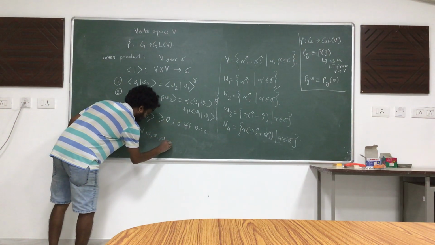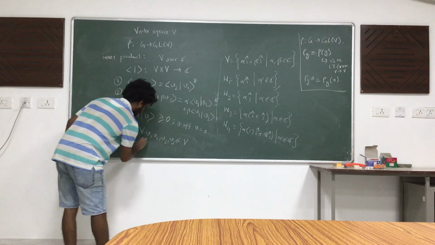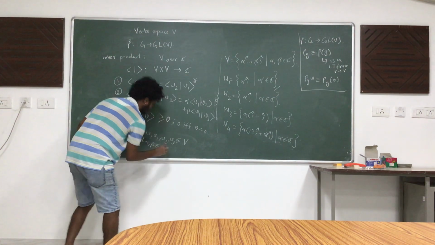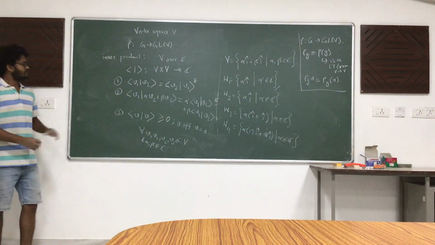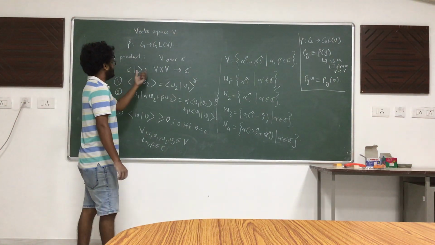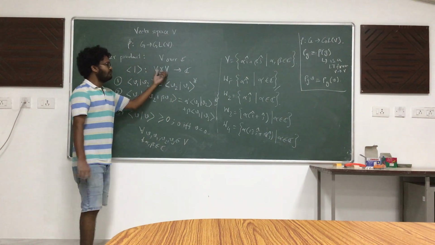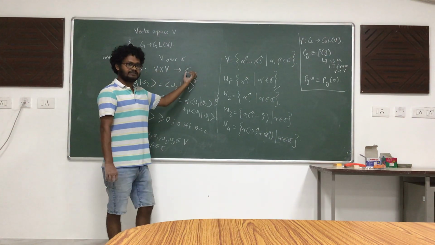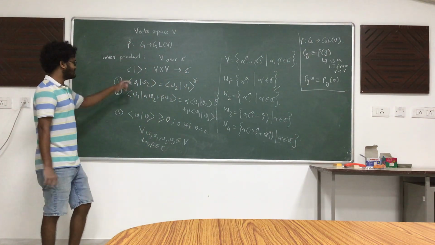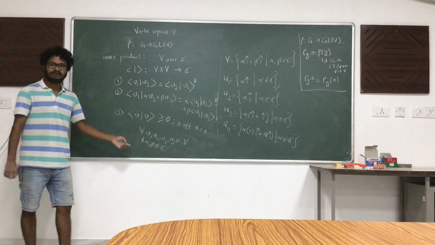So this is the definition of inner product. We can give a map from V cross V to C, or in general, two vectors will produce a complex scalar, such that this function satisfies the following three properties.